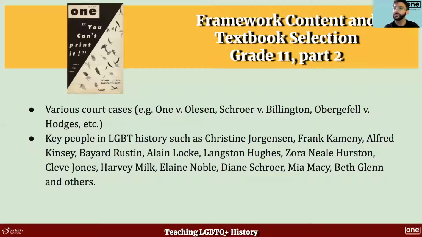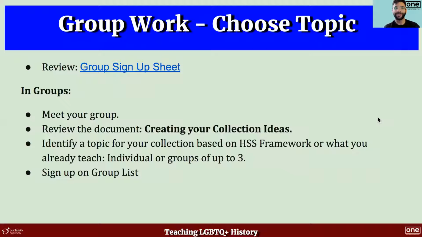Elaine Locke, Langston Hughes, Zora Neale Hurston, Cleve Jones, Harvey Milk, Elaine Noble, Diane Shore, Maya Macy, Beth Glenn, and many, many, many other folks that are not mentioned in here, but they have existed and contributed to the history of the United States and to the world, and deserve recognition, need to be learned about.